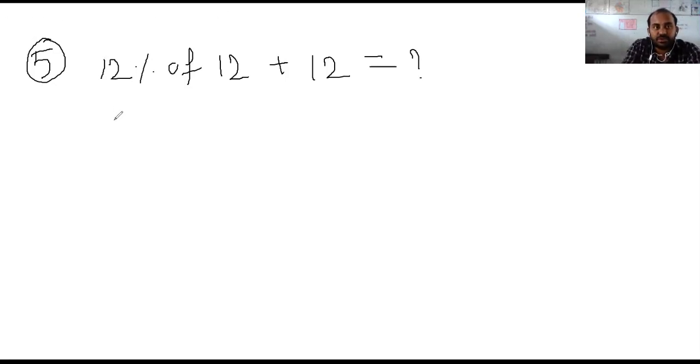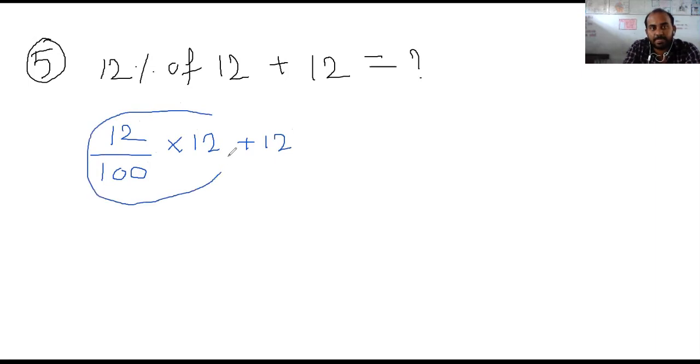Yeah, see, 12 percentage by 100 into 12 plus 12. Now, first preference to this part. Here nothing is there. Can I write the denominator as 1? Yes.